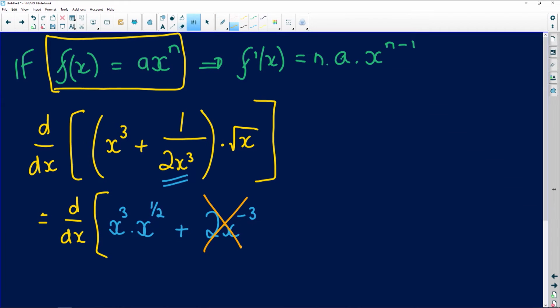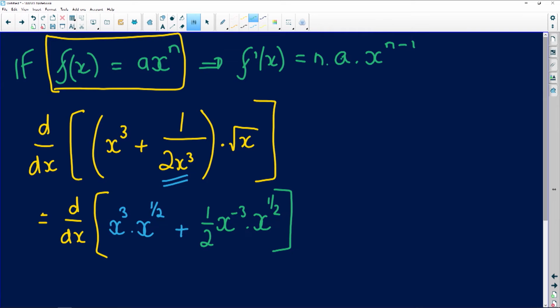Only the x goes back to the numerator with a negative power. Okay, so please don't do this. You are going to fall into the trap that this question has set for you. So we leave the half where it is, and this becomes x to the minus 3 multiplied by x to the power of a half.